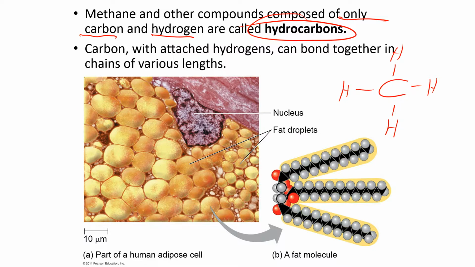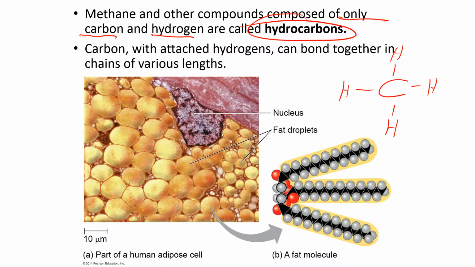Now, the cool thing about fats, lipids. Fats are a type of lipid. I'll give you a little bit of a sneak peek of chapter 5. Lipids are a class of biological molecules, but fats are also composed of hydrocarbons.